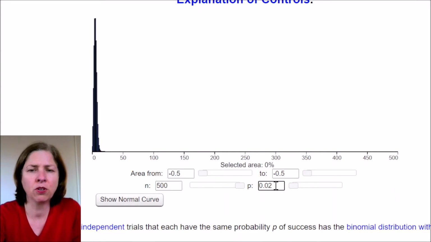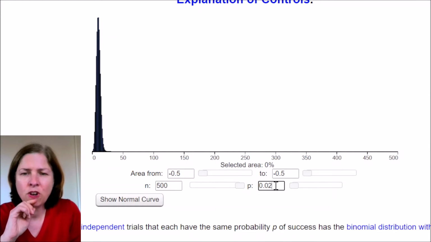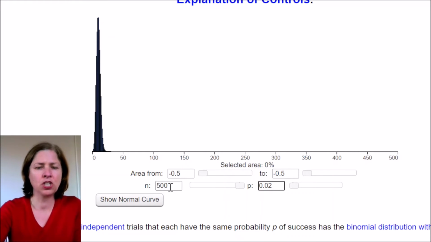Maybe I'll make that 0.02, see if that makes a difference. Yeah, look, it's still a bell-shaped curve, but I've lost a little bit of the symmetry. So if I really push p out to being very small, then I do start to lose that really bell-shaped curve. So it's really important that I have values within a certain range in order to get this normal approximation.